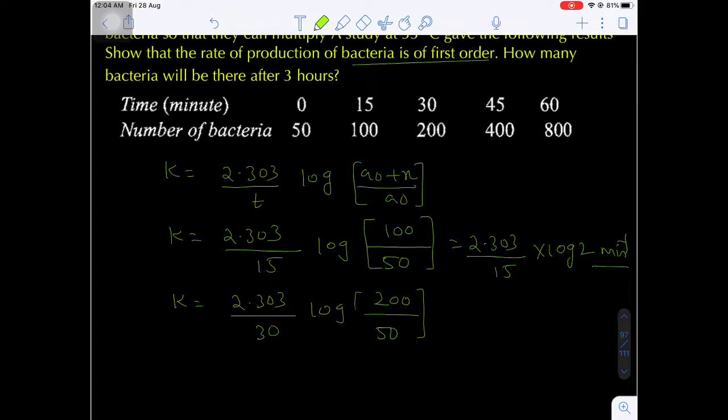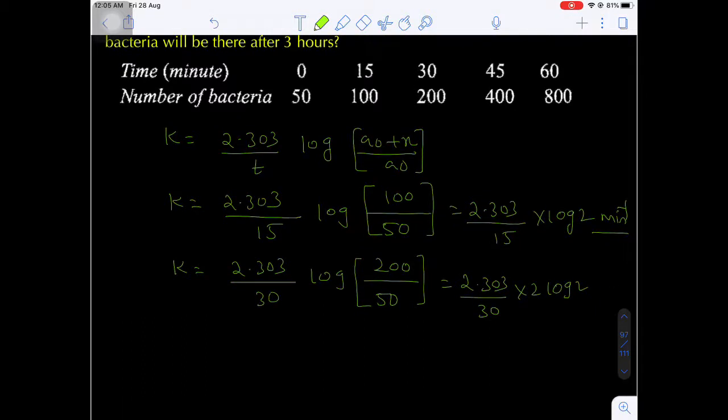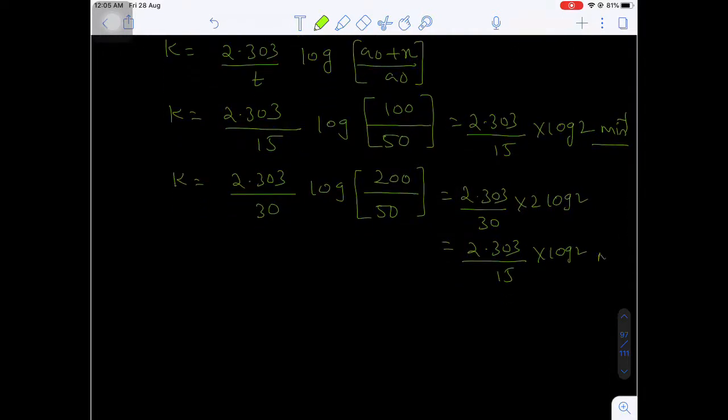So 200 by 50, that will be log 4. Log 4 is nothing but 2 log 2. So 2.303 by 30 into 2 log 2. Again, if you see, 2 ones are 2, 15s are 30, so finally you will get 2.303 by 15 into log 2, which will again be per minute.